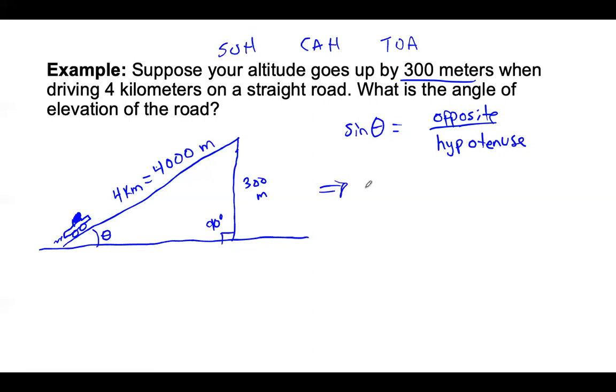So then this implies that the sine is equal to the opposite, 300, divided by 4,000, which is just 3/40.